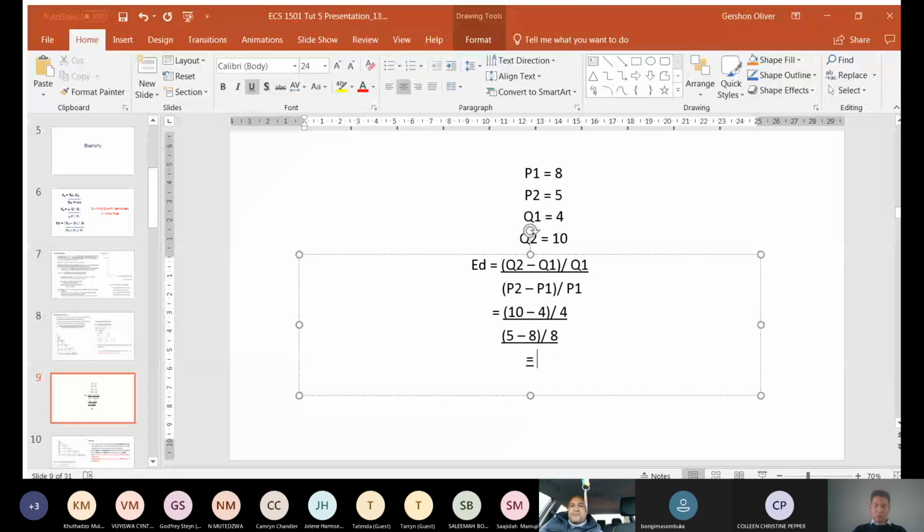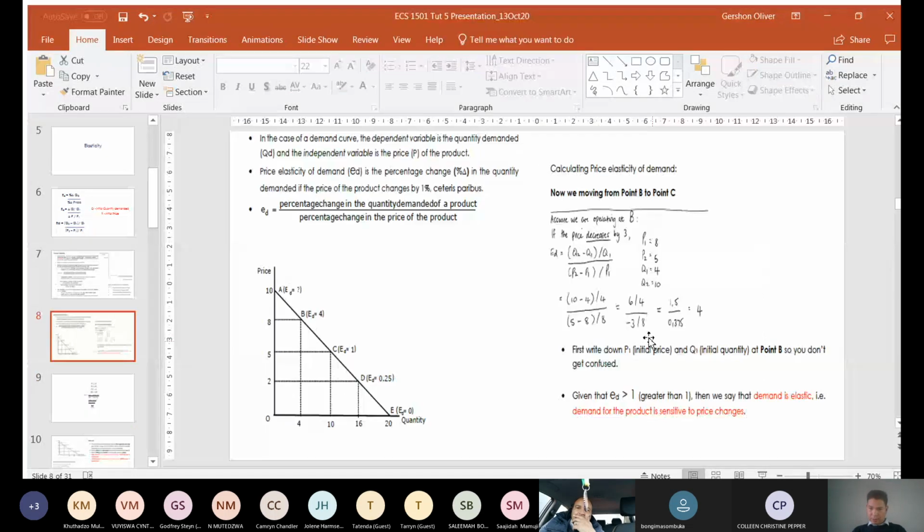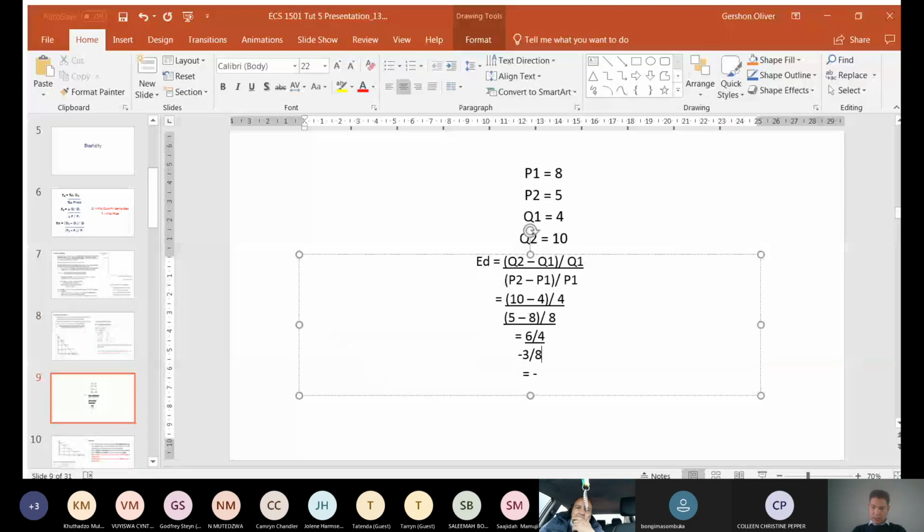We have 10 minus 4 is 6, divided by 4, over 5 minus 8 is minus 3, divided by 8. Yes, you're going to solve. The answer we're going to come up with is minus 3 over 8. Did I make a mistake? Yes, I did over there.